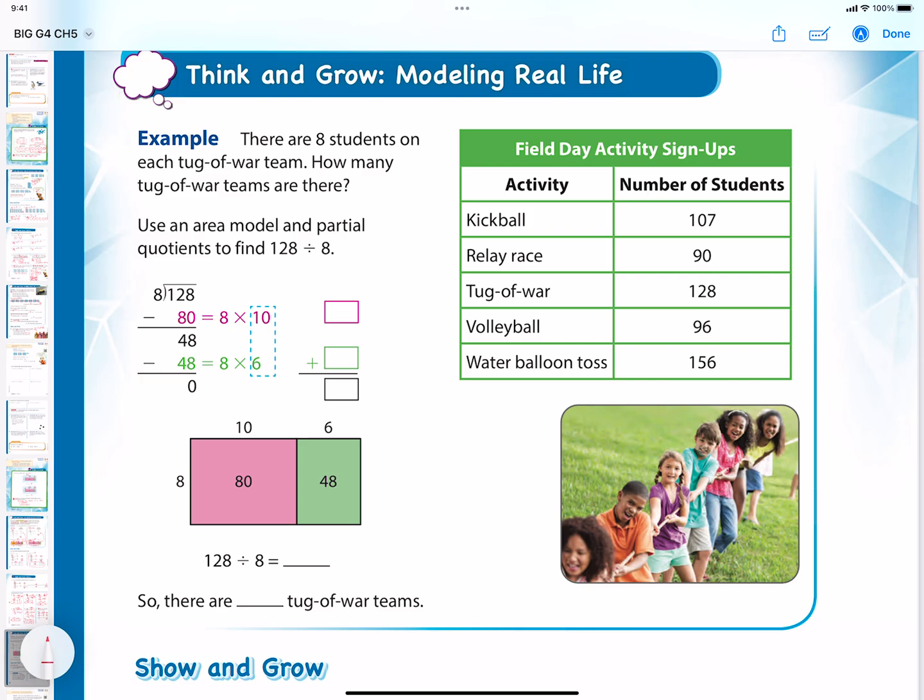Okay, example. There are 8 students on each tug-of-war team. How many tug-of-war teams are there? Okay, tug-of-war, maybe we need to use this table, right? Tug-of-war, we have 128. Okay, use an area model and partial quotients to find 128 divided by 8, since there are 8 students on each team, okay?